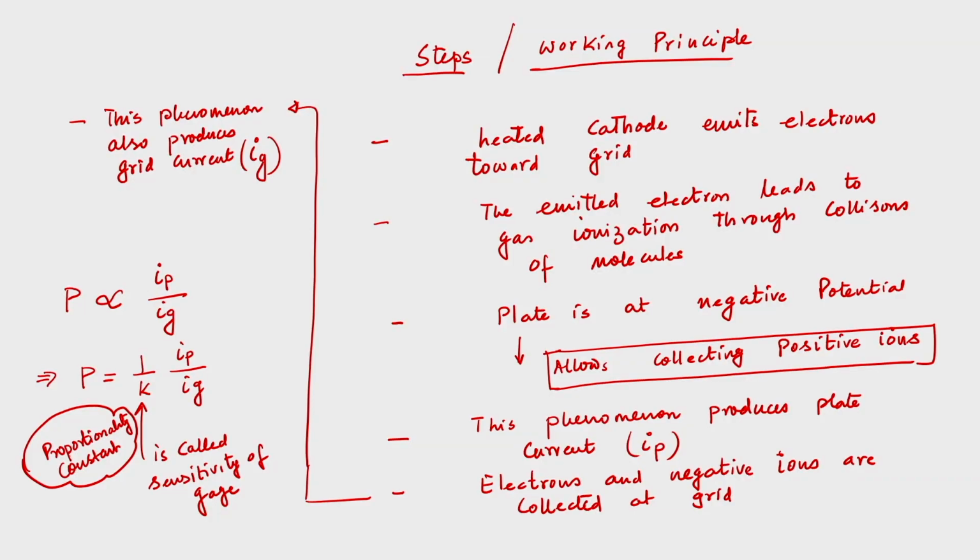So pressure can be written as a function of the ratio of the plate current to the grid current, and this proportionality constant, which is very important, is obtained through an empirical relationship and is known as the sensitivity of the gauge.